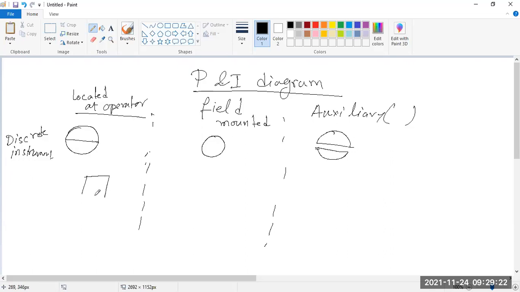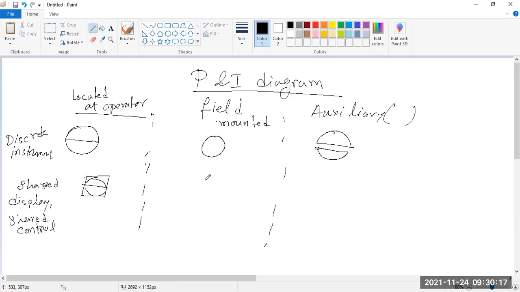Next one is okay. So this is the symbol, but if there is one line in between, then it is located at the operator.